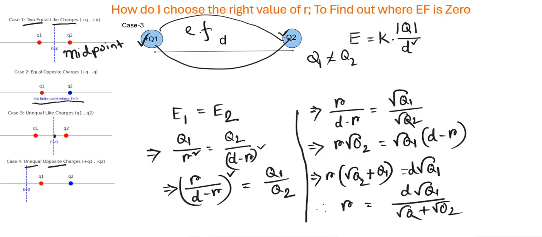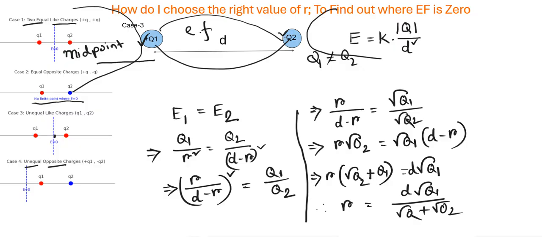So somewhere outside of Q1 or outside of Q2, exactly where we don't know unless we get the values of Q1 and Q2, the electric field will be 0.